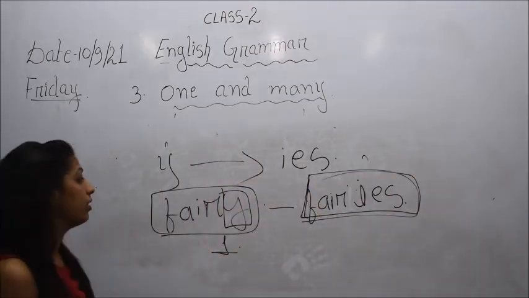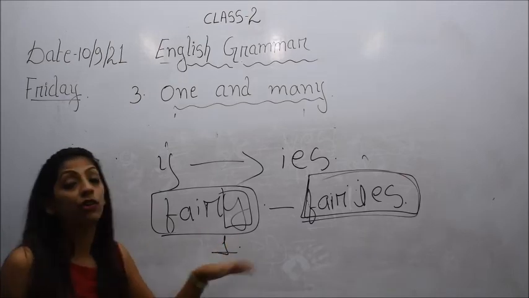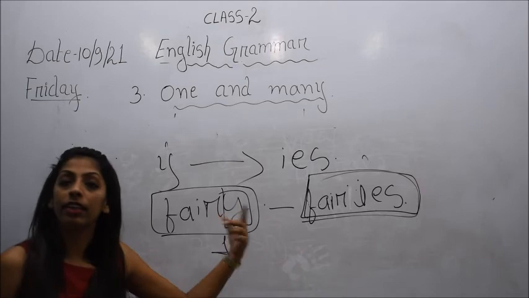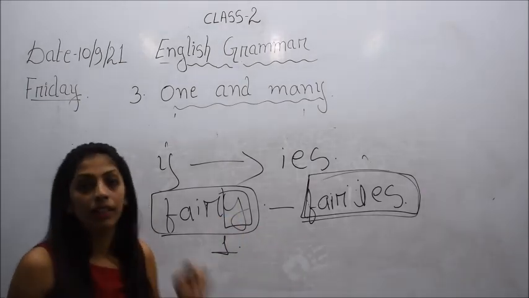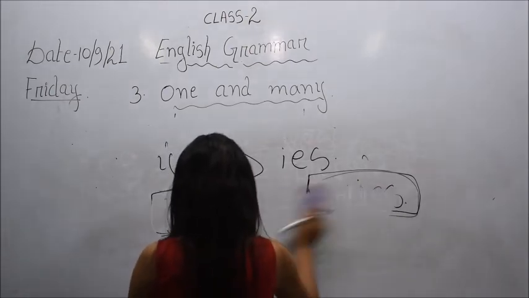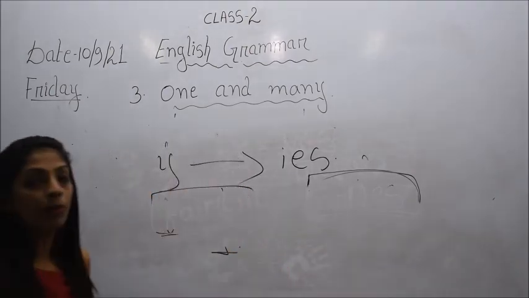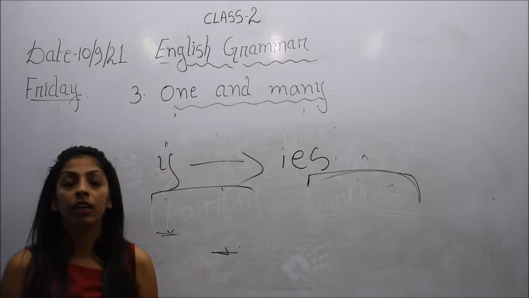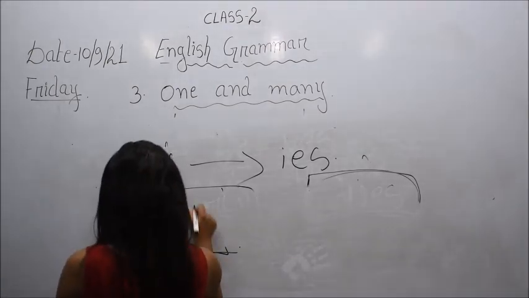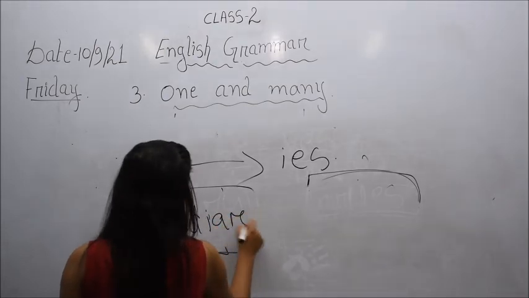So any word which is ending with Y, there you have to replace the Y with I-E-S to make it a plural noun. Okay, we will just see one more example. Children, can you think of any other example? For example, D-I-A-R-Y, diary.